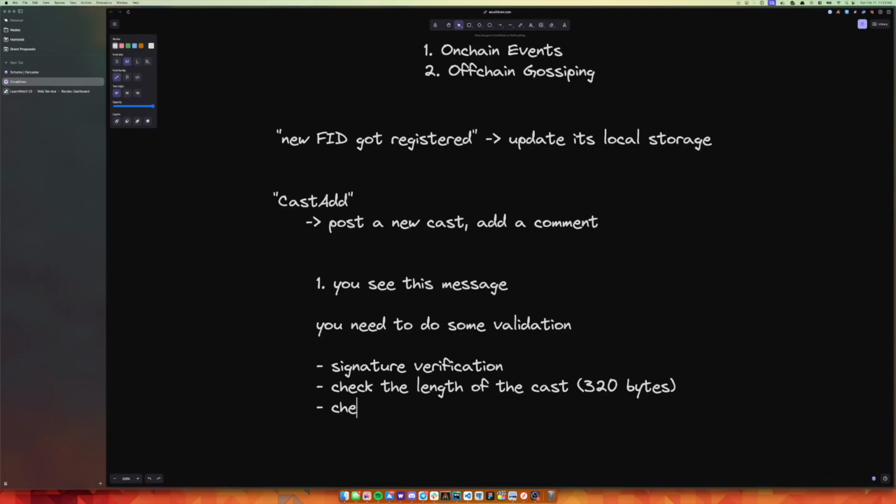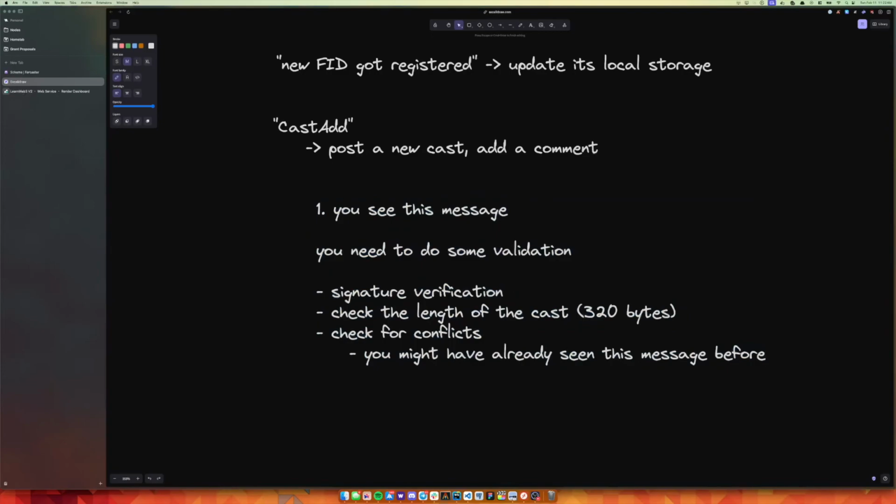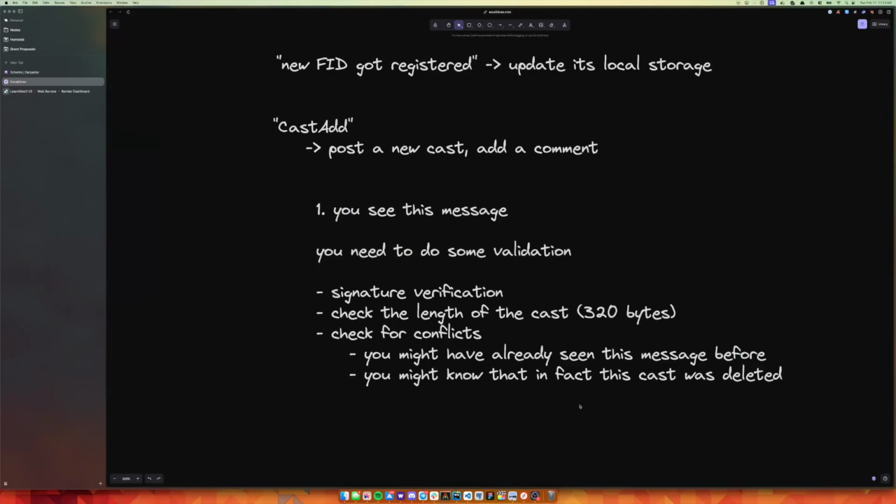You need to check for conflicts. For example, you might have already seen this message before and already processed it, but some other hub just sent it to you again, in which case you just ignore it. Otherwise, you might know that in fact this cast was deleted, because the order of messages isn't guaranteed.